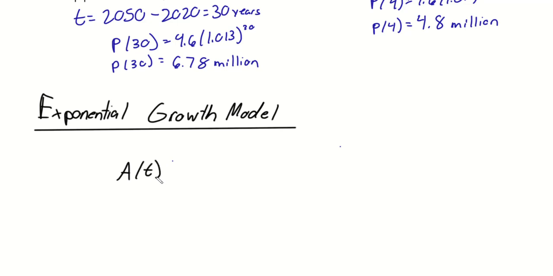A of t equals A times 1 plus r to the t.